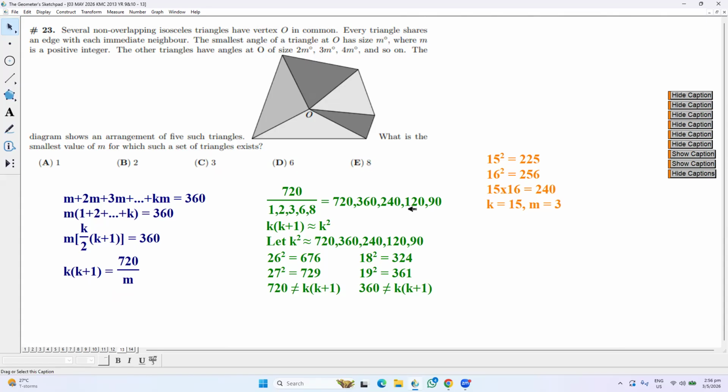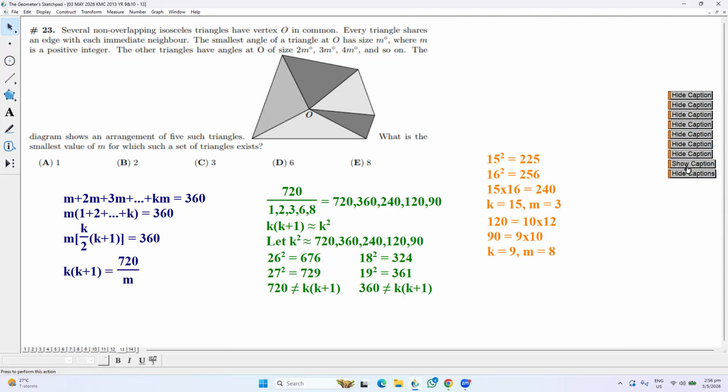We can also see that 120, you can have only 10 times 12. But 90, we can have consecutive. Then K is 9, M is 8. 9 times 10 is 720 over 8.